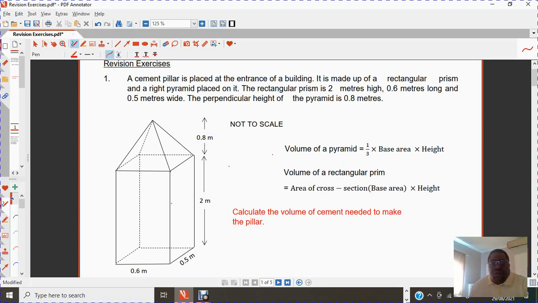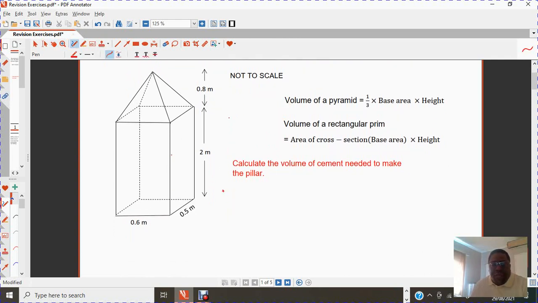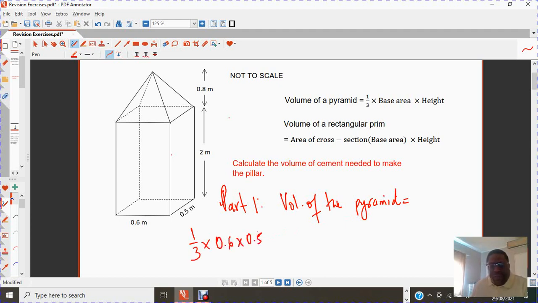So let me call that part 1, finding the volume of the pyramid. You calculate that simply by saying 1/3 times the base area, times the height. Now the height of the pyramid is 0.8.